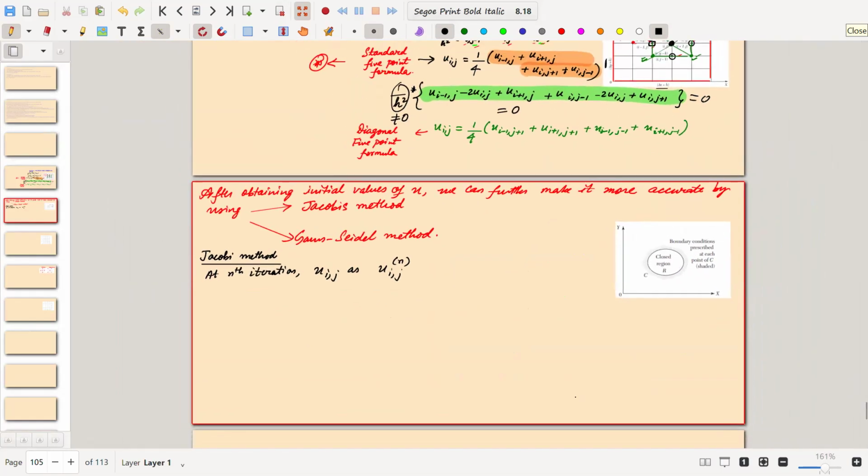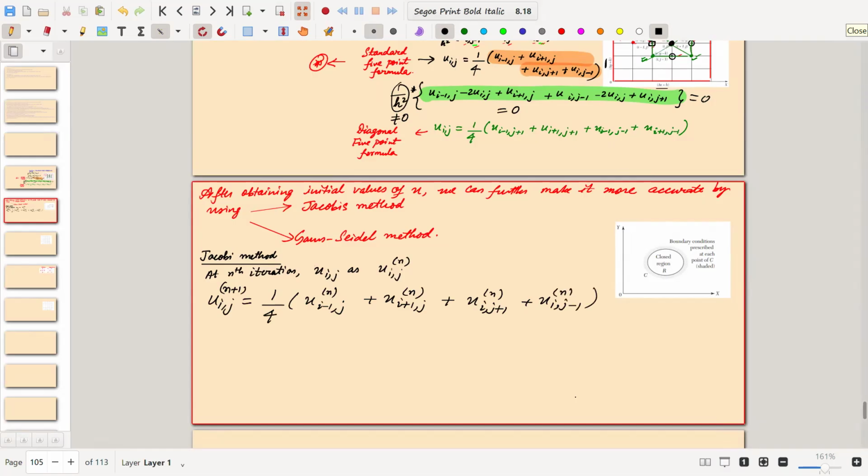Then you have the Jacobi method as the standard 5-point formula: u_ij at the n plus 1th iteration will be the average of u_(i-1)j, the left-hand side, at the nth iteration, plus the right u_(i+1)j at the nth iteration, plus u_i(j+1), the top one, at the nth iteration, plus u_i(j-1), the bottom, at the nth step.